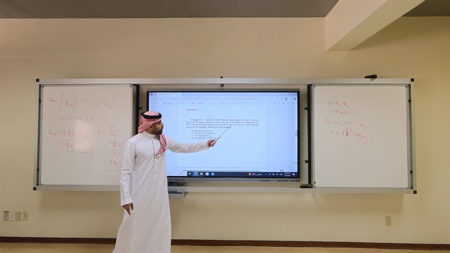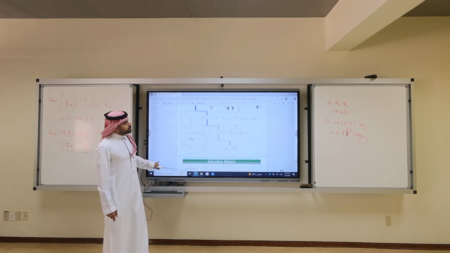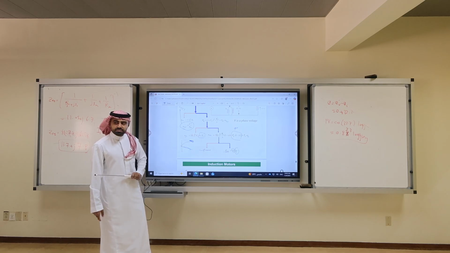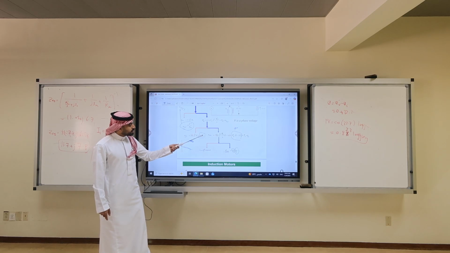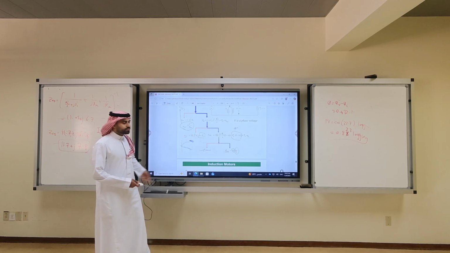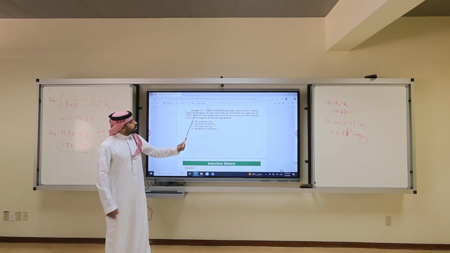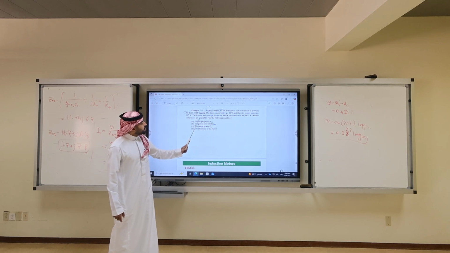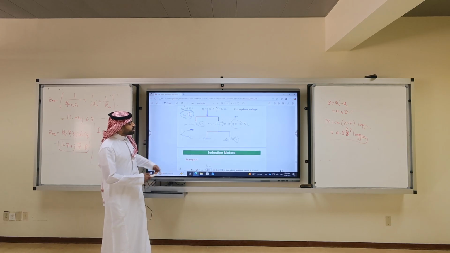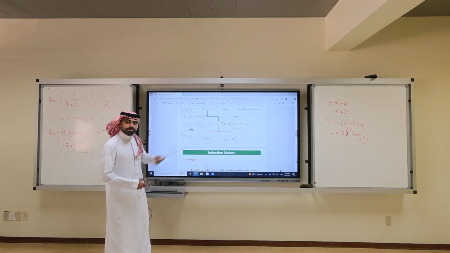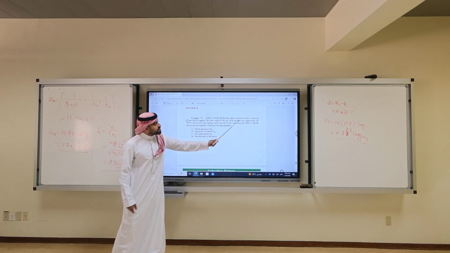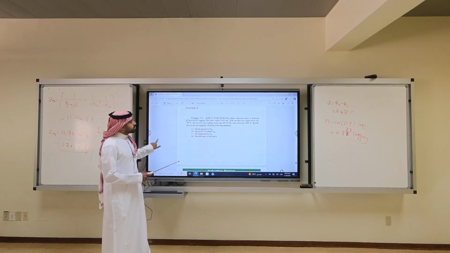What are the rotor copper losses? 700 watt. For rotor copper losses, it's S times PG. I can get PG if I know S and PRCL. The friction and windage are 600 and stray is negligible, which means rotational losses are 600 watt. The core losses are 1800.